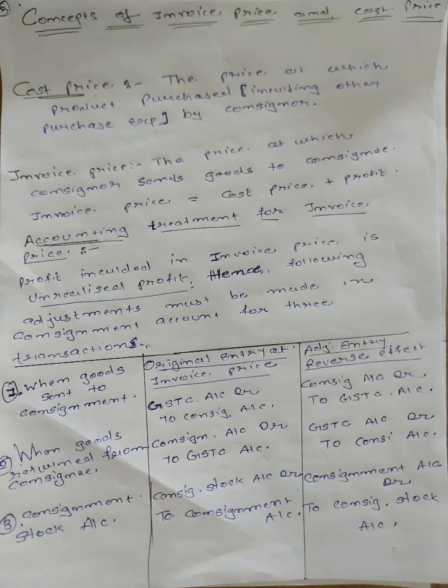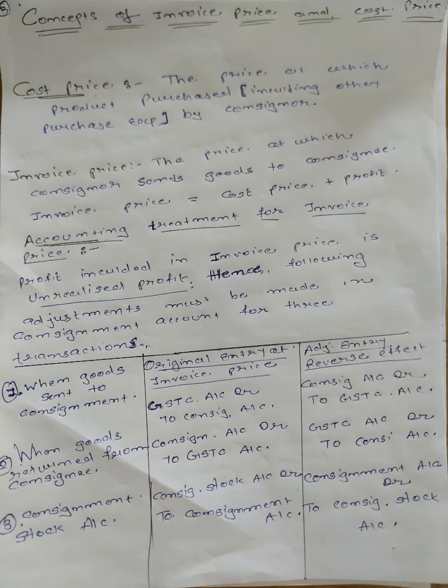So, we can say invoice price is equal to cost price plus profit. Second, this profit is unrealized profit. It is imaginary profit. The profit is not earned. The purpose of adding this profit to the cost price is only that the consignee will not have any idea about the actual price.